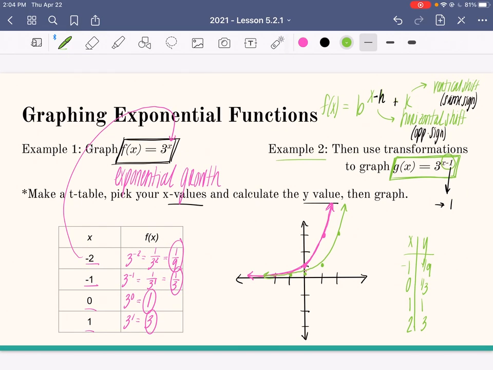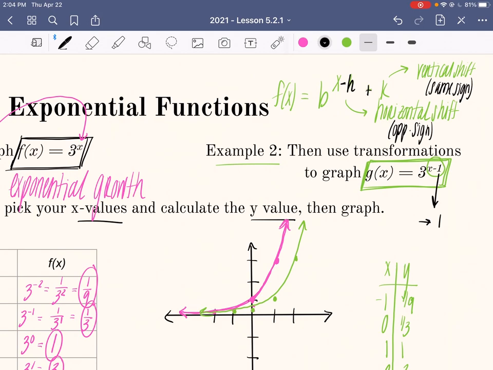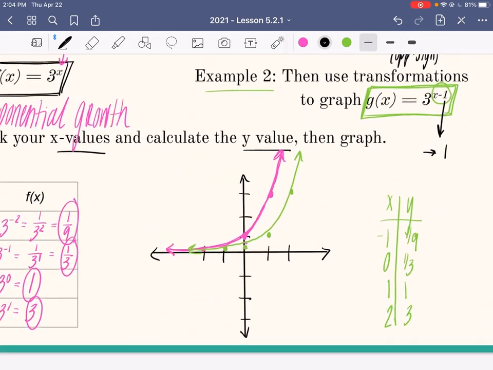The nice thing about this is that once you know the general shape of an exponential function or a logarithmic function, you can just utilize what you've learned about transformations and the -h or the plus k value to shift it. You're going to know the general shape and characteristics, and the rest should be pretty simple.